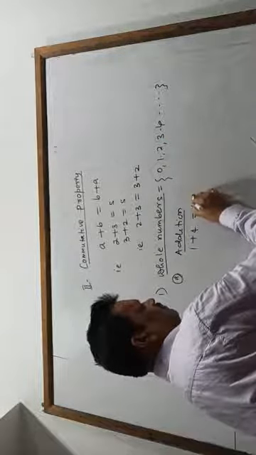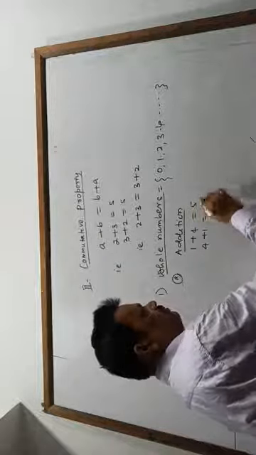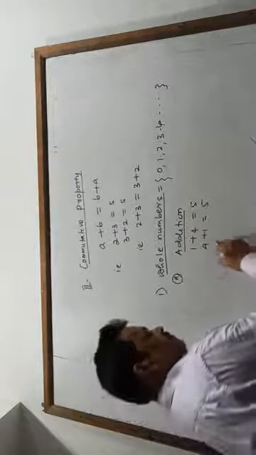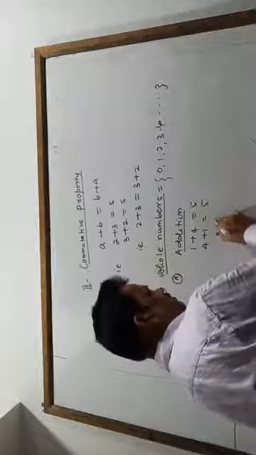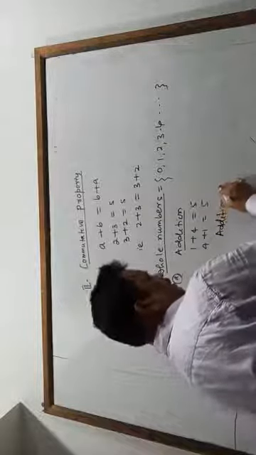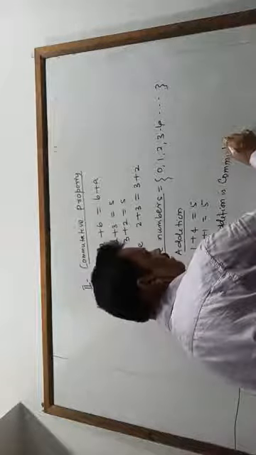How much? 5. What is 4 plus 1? Also 5. The addition is commutative. So addition is commutative.